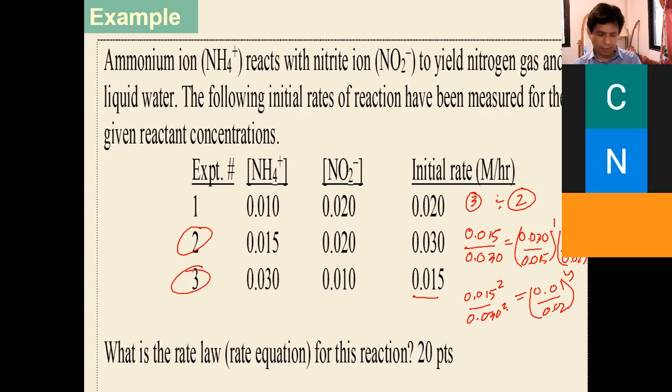Kaya na naman pindutin sa calculator. So, gamitan nyo lang ng parenthesis. Tapos square nyo yung nasa left side. Pwedeng ganun. Kung gusto nyo, square nyo yung 0.015, square nyo rin yung 0.030. Marami namang way. Basta square, huwag nyo kakalimutan yung square.